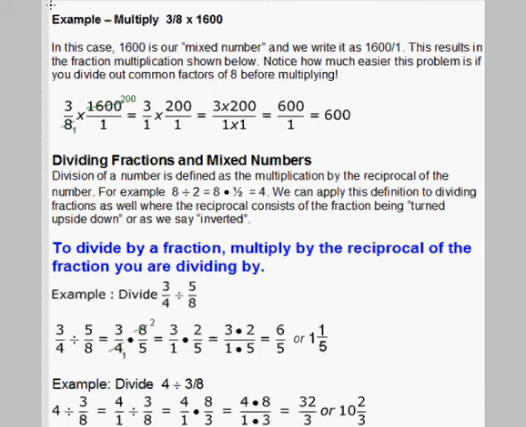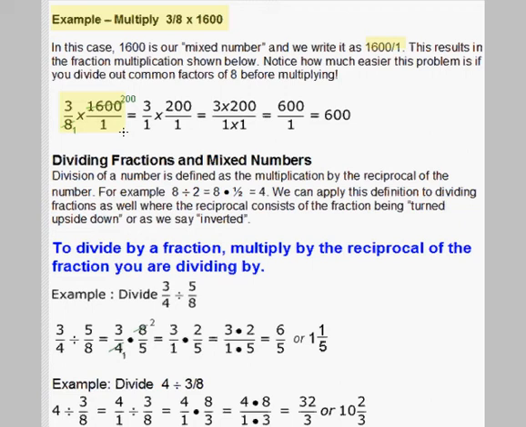Let's look at an example where we multiply a fraction by a whole number. 3/8 times the whole number 1600. Well, 1600 is our whole number in this case, and we just write it as the fraction 1600 over 1. This results in the fraction multiplication 3/8 times 1600 over 1.